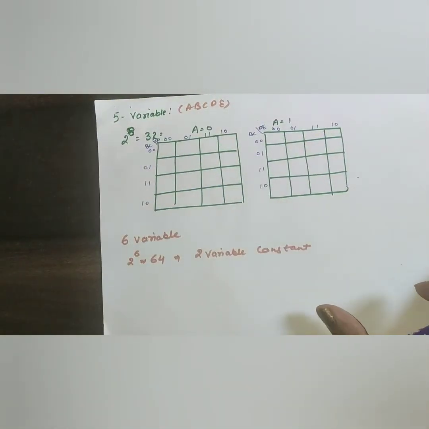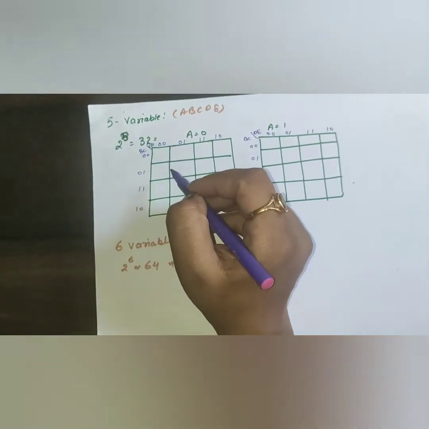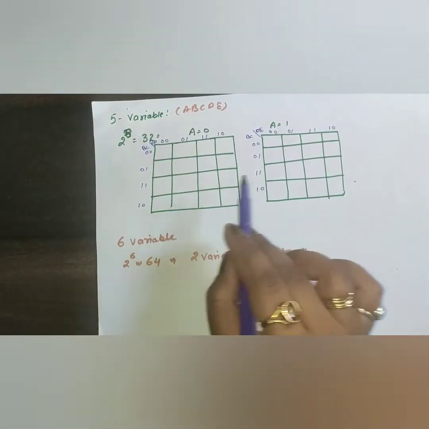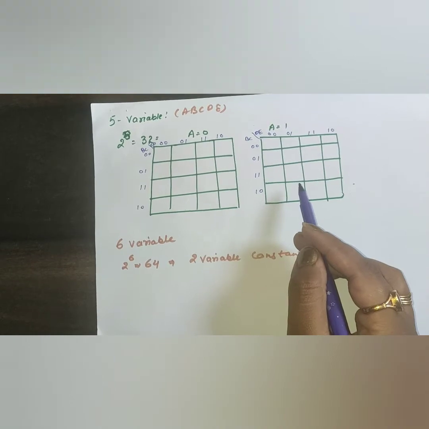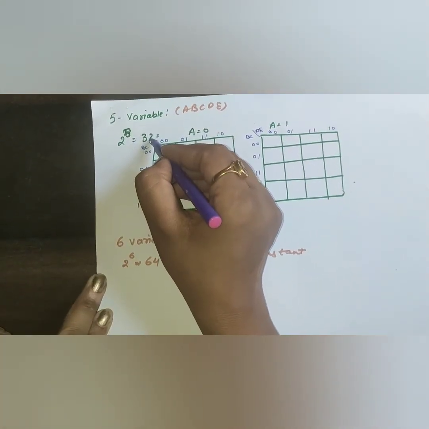Now we will talk about the 5 variable K-map. The 5 variable K-map is just like the 4 variable K-map, but it has two blocks, because it has 32 cells.